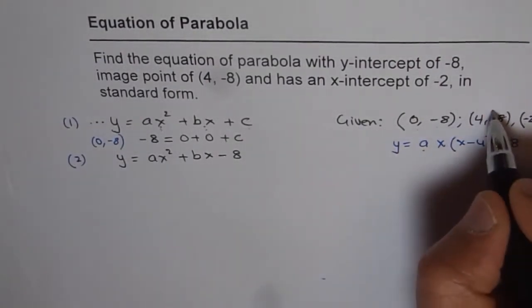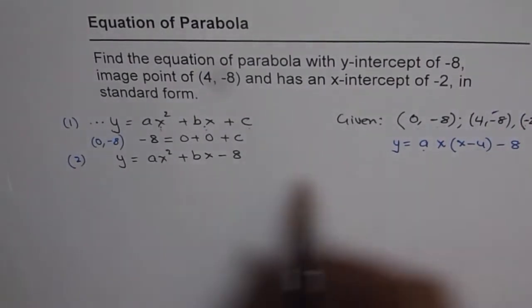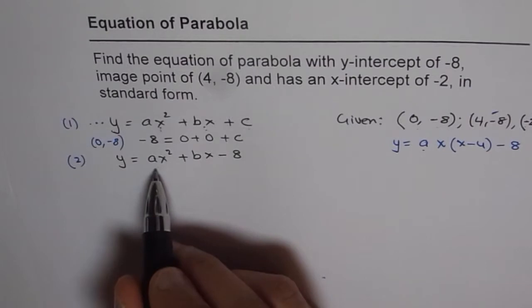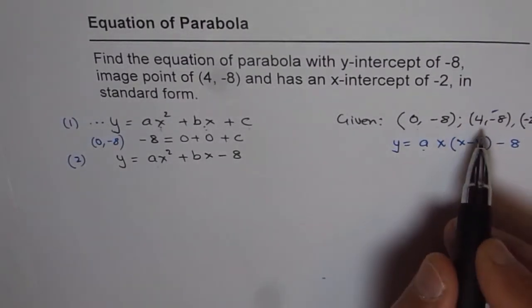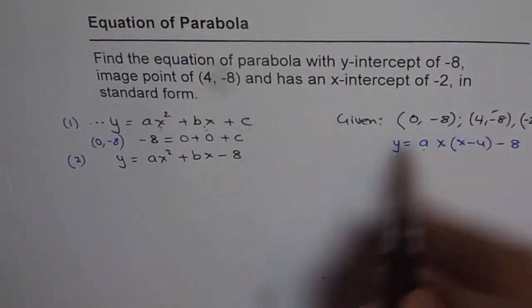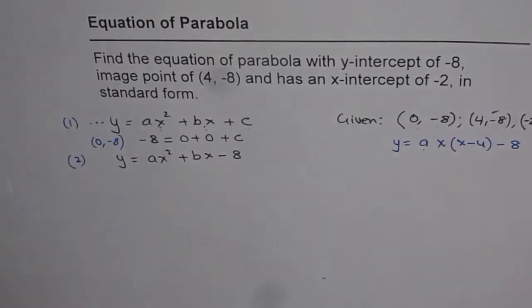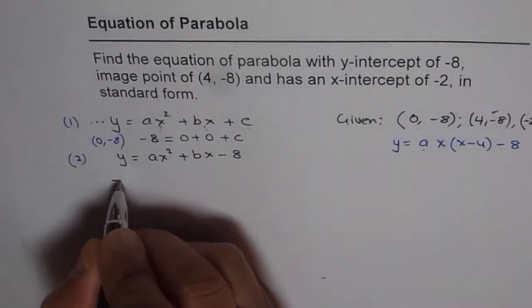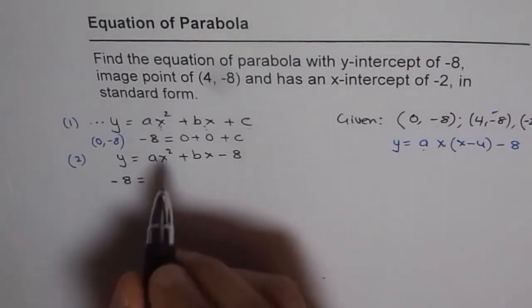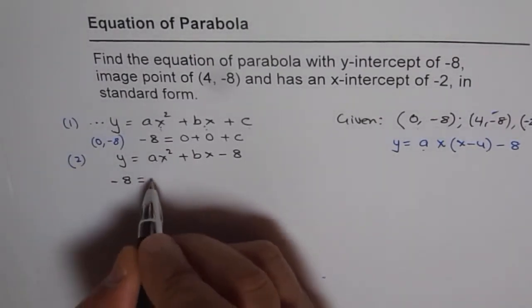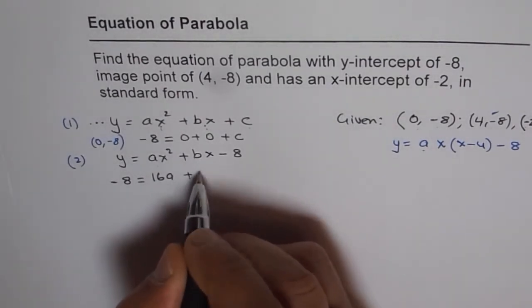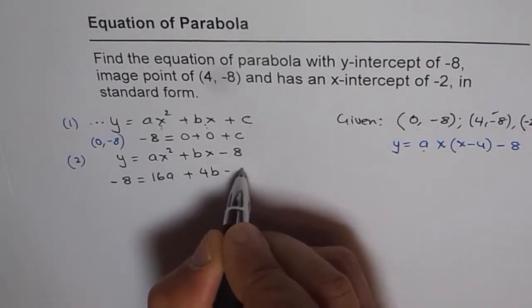Now I'll substitute points 2 and 3 to solve for these two unknowns, which are a and b. So let's substitute 4 and -8 and see what we get. If I use 4 for x and -8 for y, I get -8 equals 4 squared, and 4 squared is 16, so I get 16a plus 4b minus 8, right?